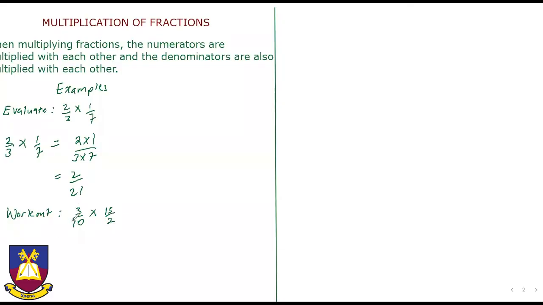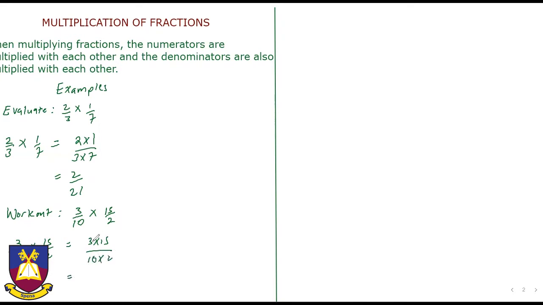3 over 10 times 15 over 2. When we're multiplying fractions, we multiply the numerators, that's 3 times 15, and the denominators alone.